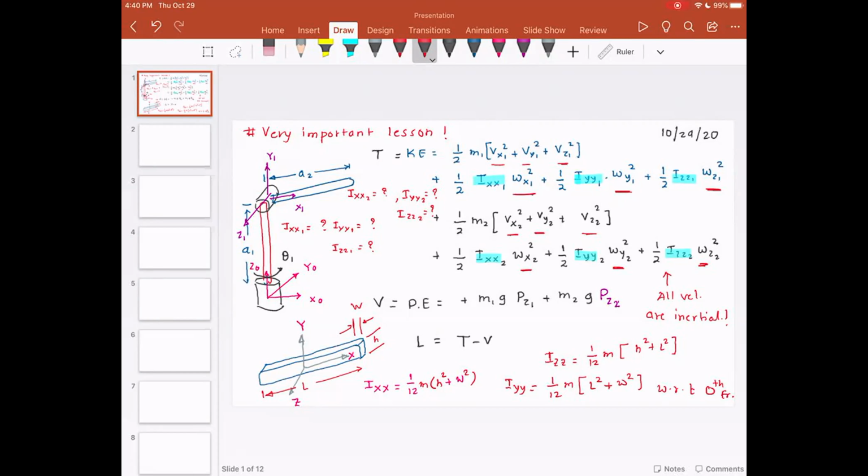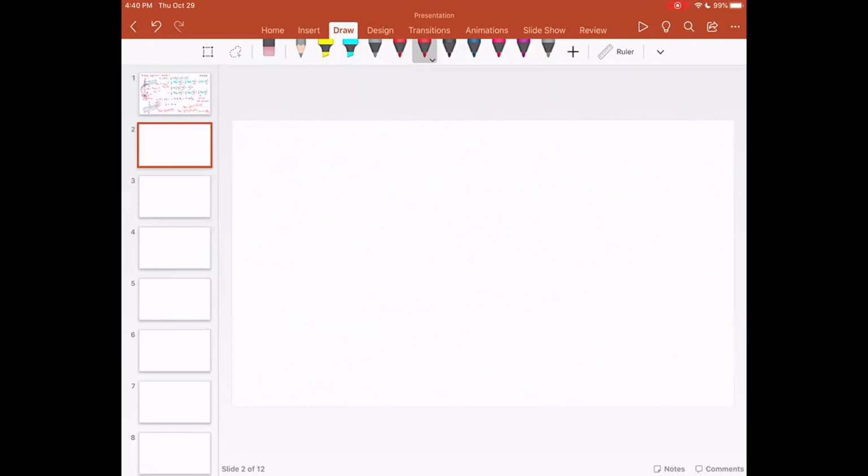Now, what I want to do is work out these inertias for this particular problem. And then we will move on to MATLAB and work out the problem. So let's start with this first rod.